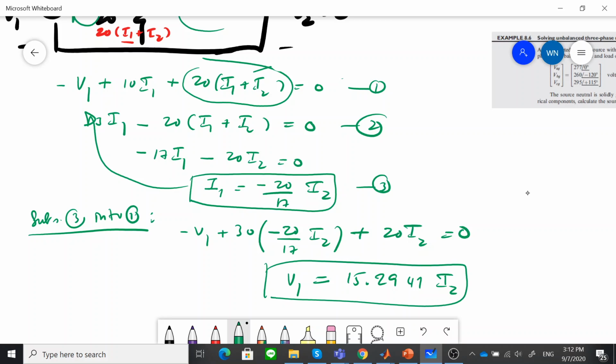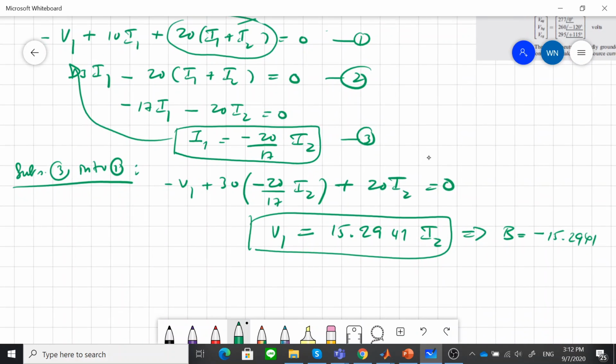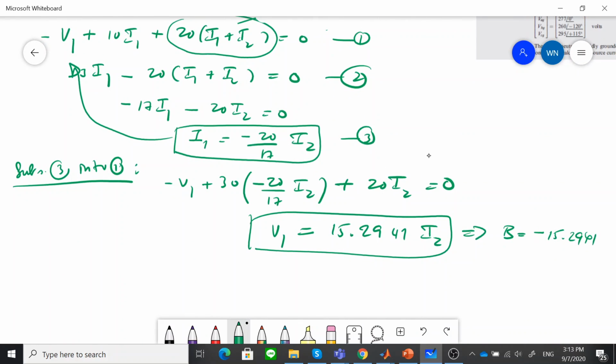So V1 divided by I2 is B, but you have to take the negative sign due to the different direction of the current I2, right? So B is negative 15.2941. This is the B, so we could answer B. Now D is the ratio between I1 and I2.